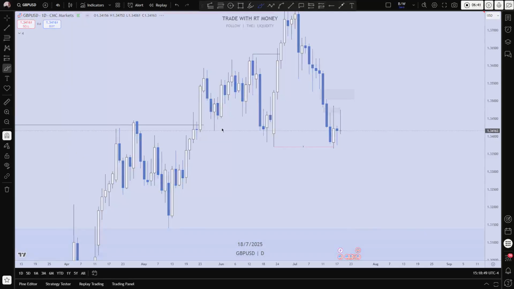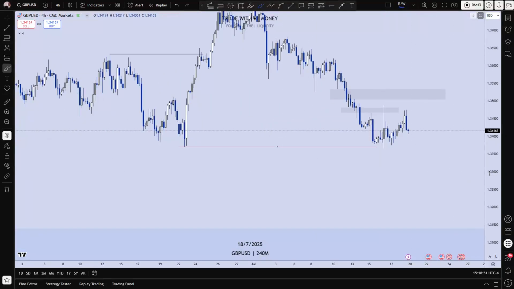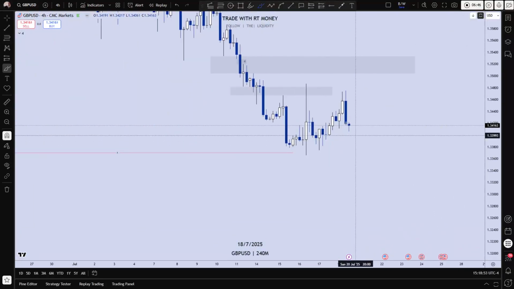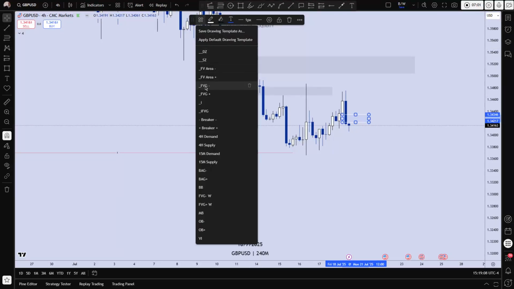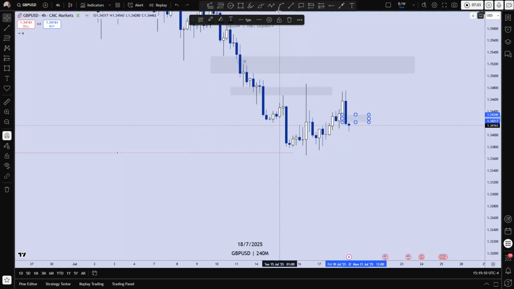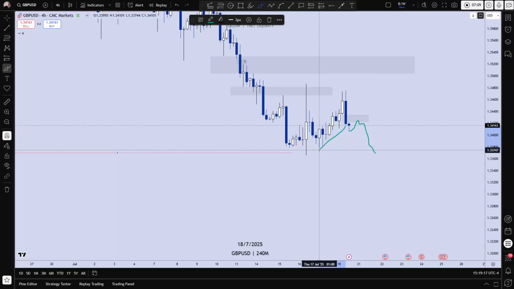If we look on the 4 hour for a quick look, again, the question is how we're going to get from up here down further. And what we can see even on the 4 hour, we have a 4 hour fair value gap, right? The market can use that 4 hour fair value gap to push for lower prices, coming towards these ascending lows here for liquidity.